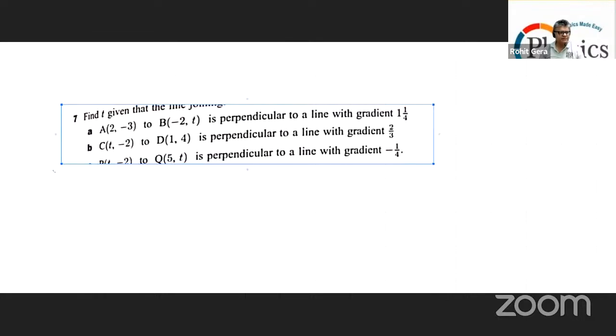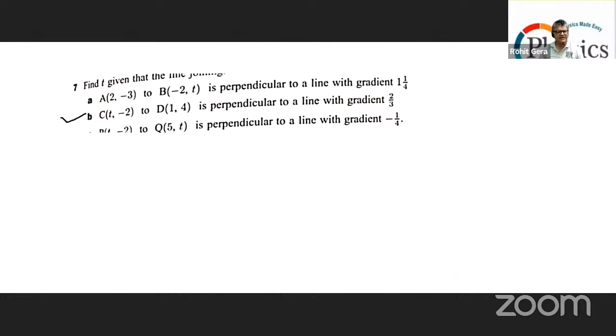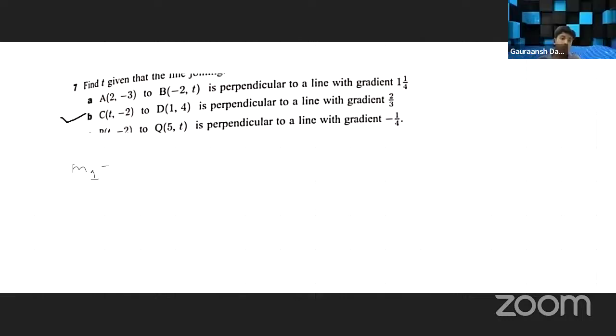And you will do now any one of these. Just do, so try B part. Same steps, everything is same. Condition only changes. You don't have M1 is equal to M2 now. You have M1 into M2 is equal to -1.